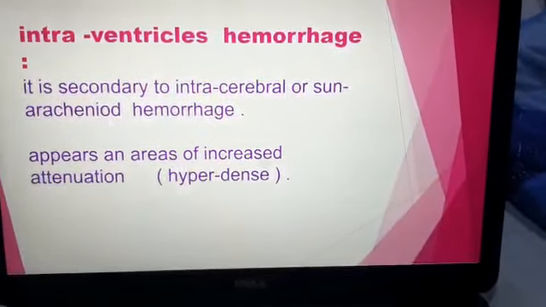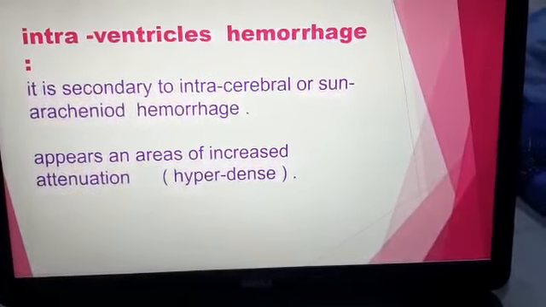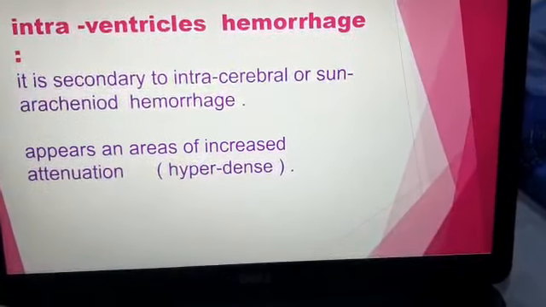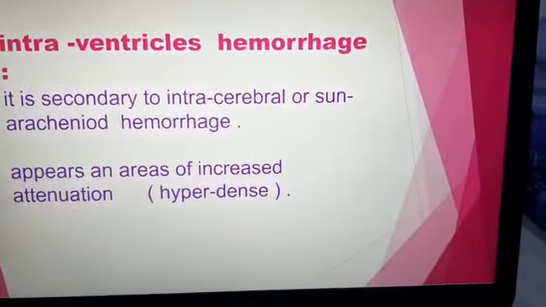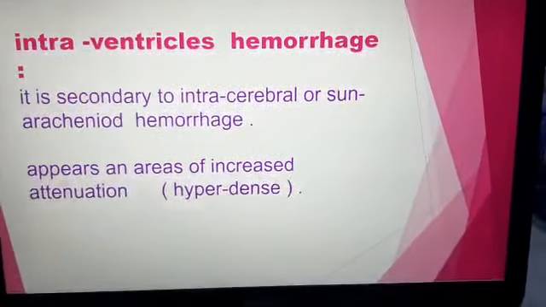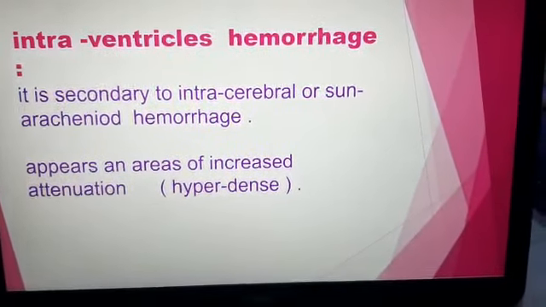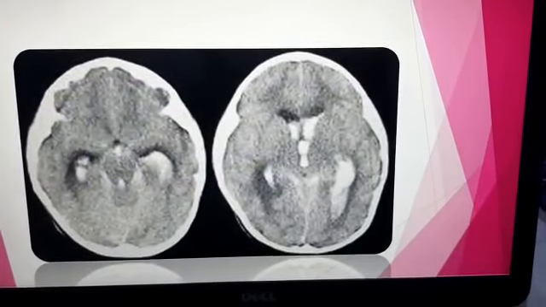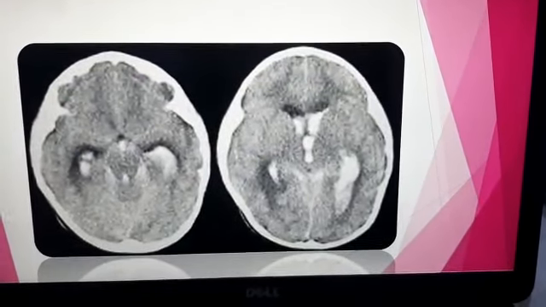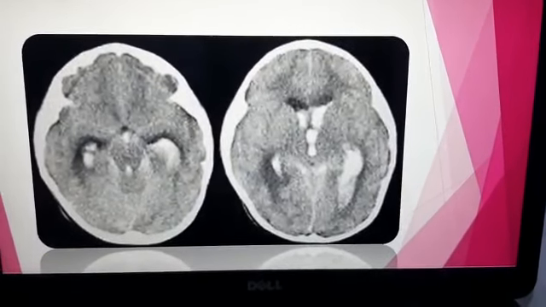Intraventricular hemorrhage. This type of hemorrhage occurs secondary to intracerebral or subarachnoid hemorrhage, meaning that when the patient has intracerebral hemorrhage, the blood can seep inside the ventricle or into the arachnoid space. So when we see intraventricular hemorrhage, we look for the primary cause, which is either intracerebral or subarachnoid.